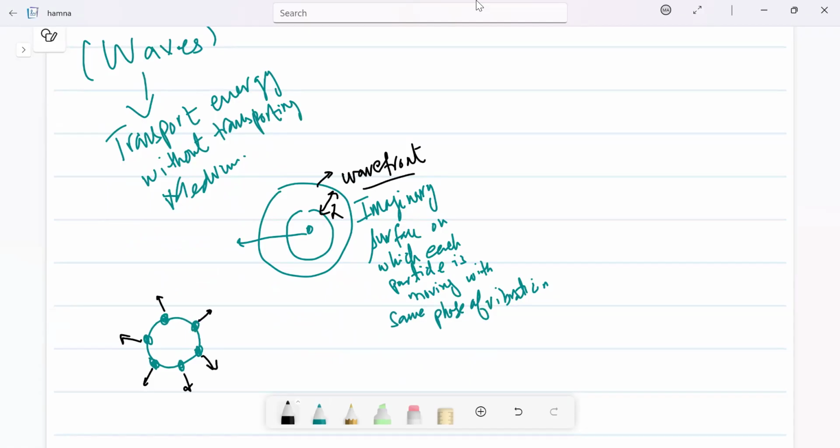So the particle in front of it, would it move like this or like this? मतलब A, B और C में से किस पोजीशन में वो मूव करेगा? The particle in front of it. See. ठीक है? So each next particle would move exactly in the same phase in which the previous particle was vibrating. So when I join them with a line, this imaginary line is known as wavefront.